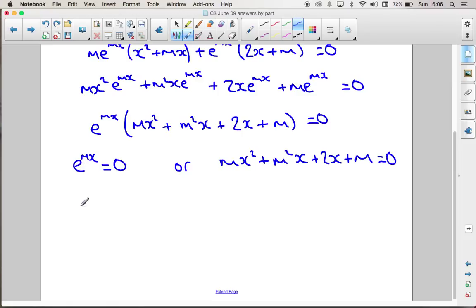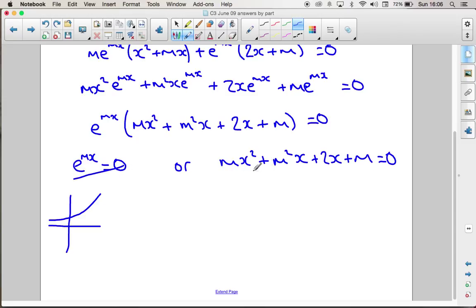Now, an e to the mx graph will never equal 0. We'll get that. So there's no stationary points from here.